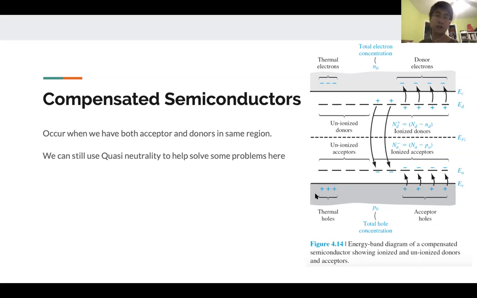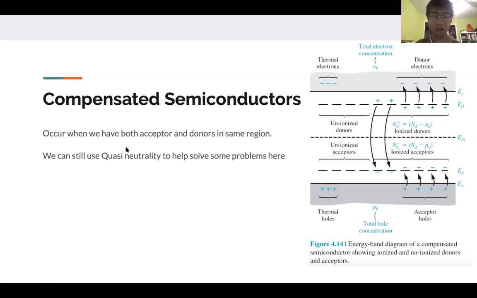Okay, let's move on to compensated semiconductors. If we have donors and acceptors in the same region, we have what's called a compensated semiconductor. All the problems I've shown you before only had acceptors or donors; I never talked about them existing at the same time.